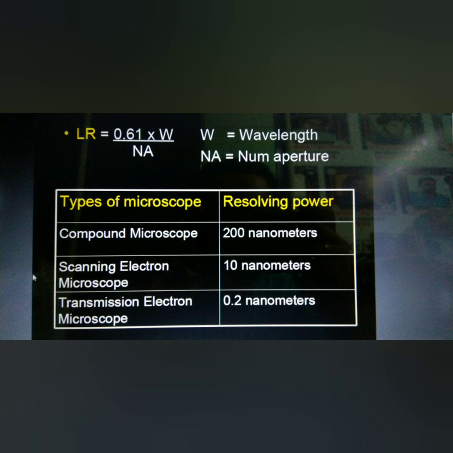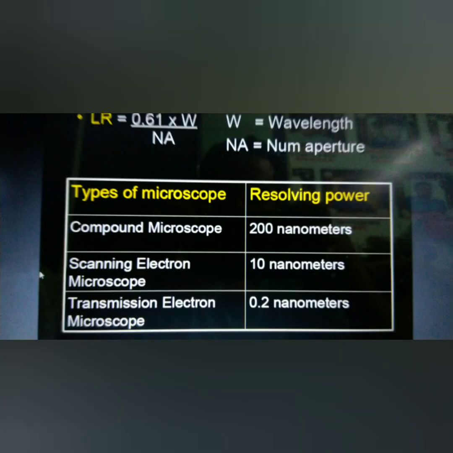If you look at the various types of microscope developed by scientists so far, starting from the compound microscope to the scanning electron microscope to the transmission electron microscope, we observe that the resolving limit is actually decreasing. For the compound microscope it was 200 nanometers, for the scanning electron microscope it is 10 nanometers, and for TEM, the most important one, it is only 0.2 nanometers. So you understand that with the increase in technology, resolving power also increases. Thank you.